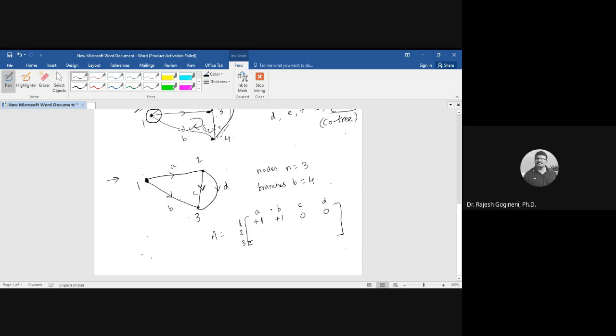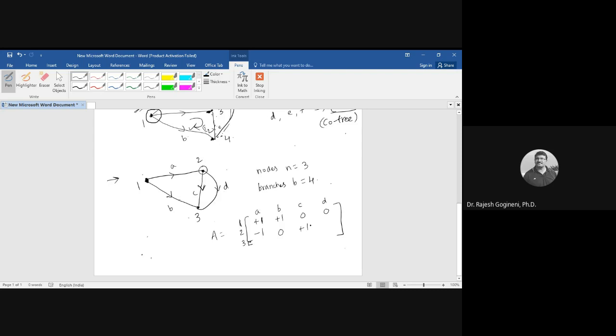Next, if you see node 2, what are the incident branches? A, C and D. A is approaching towards 2, so -1. Entry for A is -1 because it is moving towards 2, right? B is incident on 2? No. B is not incident on 2, so it is 0. What about C?